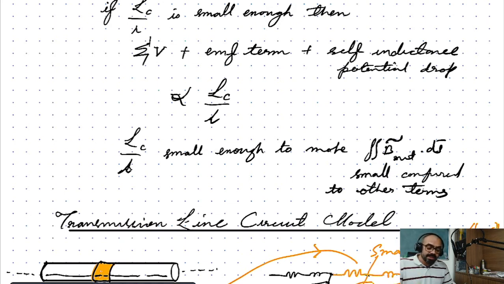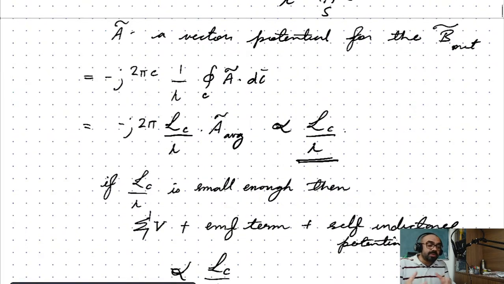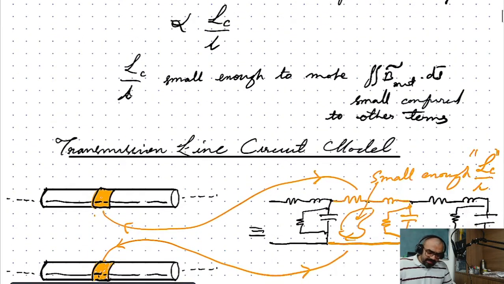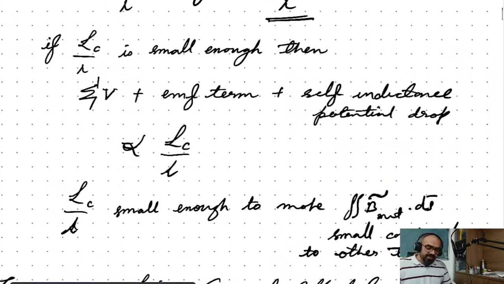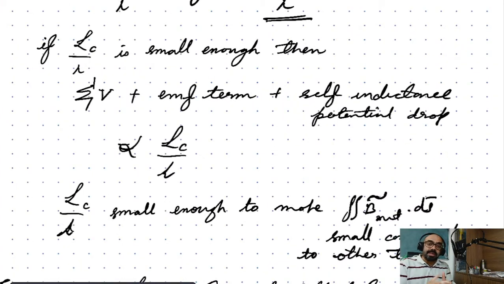Once we can neglect this, this is very nice because you don't really need to know the exact spatial arrangements of these components. As long as your loop is small enough, this term is seen not to introduce a huge error. This is where the entire idea of making a distributed circuit representation comes in.